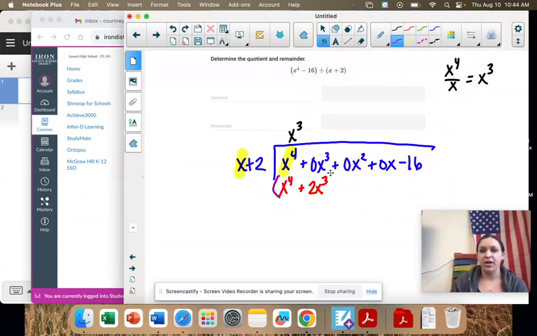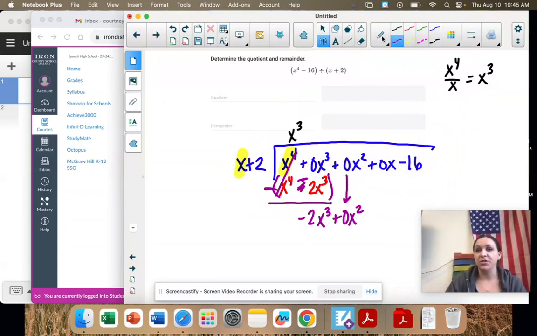So when we subtract these, the signs change. They both become negative because they're positive now. So those cancel out, that's what we want. And then 0 minus 2 is negative 2. And then we're going to pull down our next term and do it again.